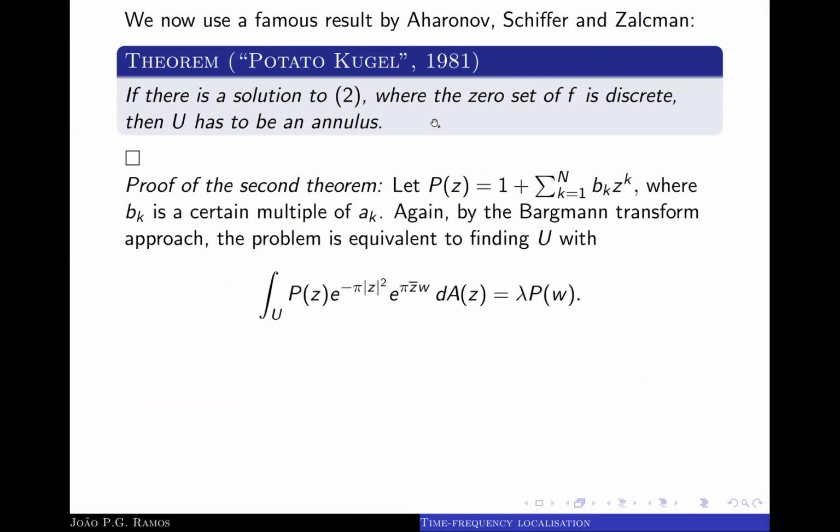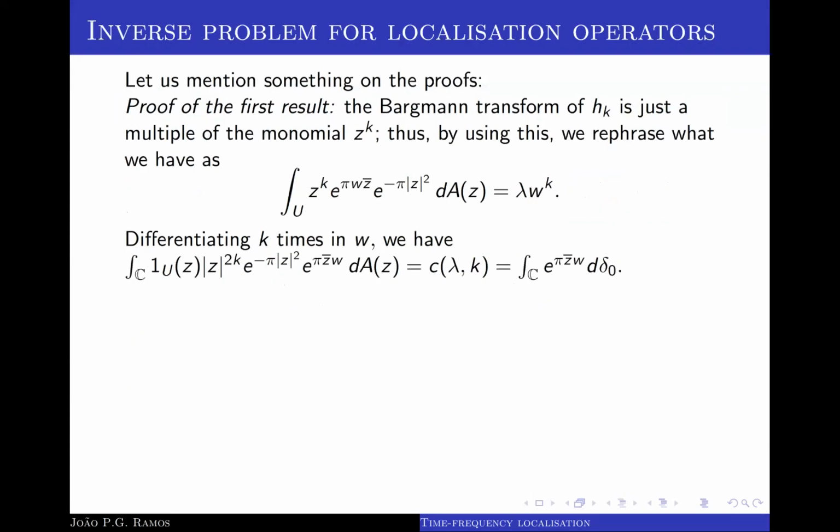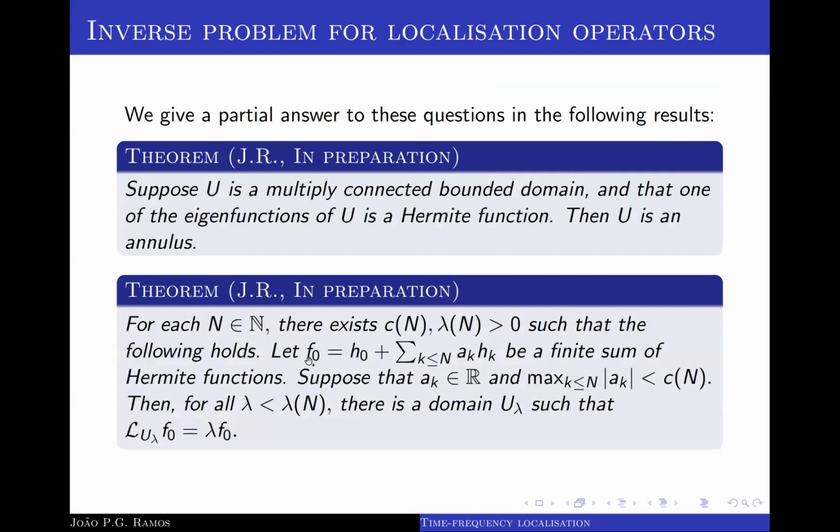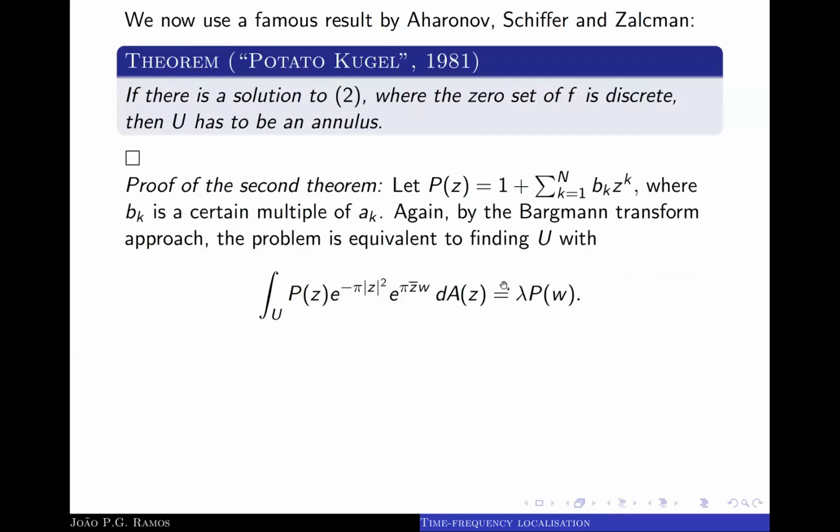And then we're done. And just for a couple of minutes, let me briefly mention what the proof of the second theorem looks like. So I take my function f naught, let me go back a couple slides, which I want to prove is an eigenfunction. If I take its Bargmann transform, then it looks like this polynomial p of z.